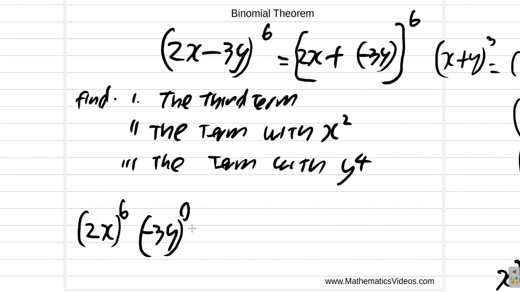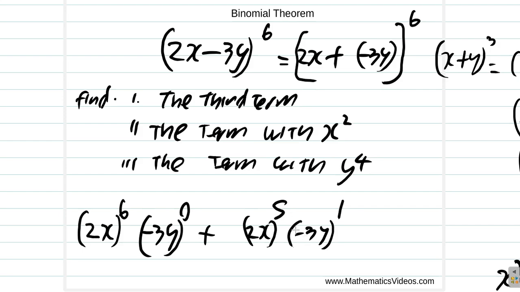So it's negative 3y to the 0. All right. For the second term, this power drops. You have 2x to the 5, and this power rises. Negative 3y to the 1.